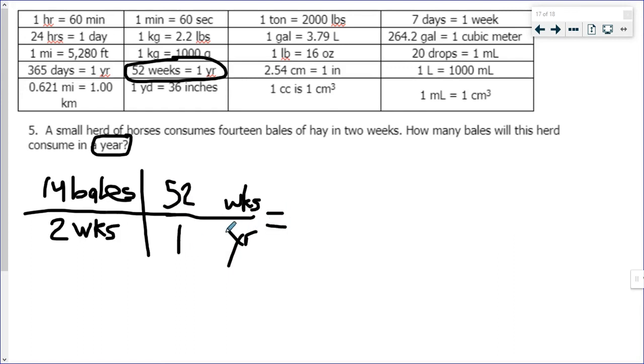All I have to do is double check to make sure that my units canceled out, and that's going to leave me with bales per year. So if I take my calculator and I go 14 times 52, hit divide and divide it by 2, that's going to tell me that they're going to eat 364 bales per year.